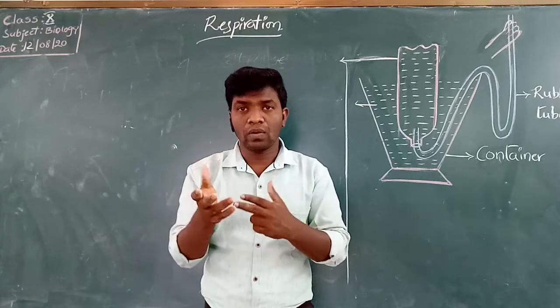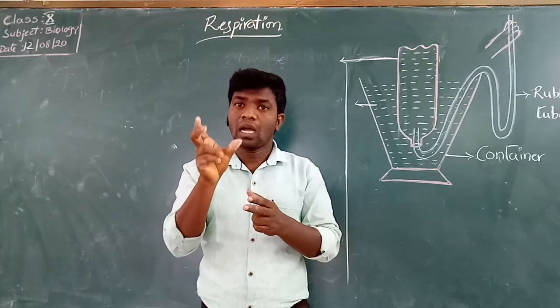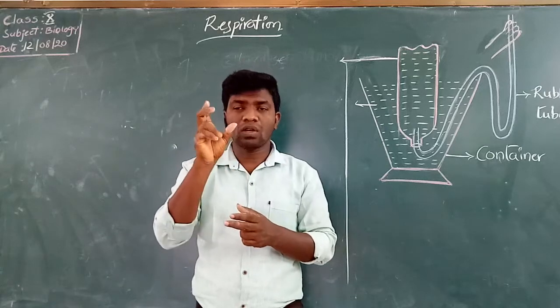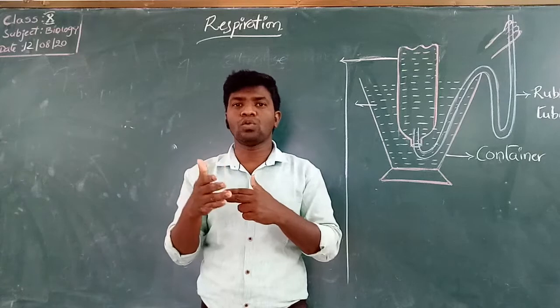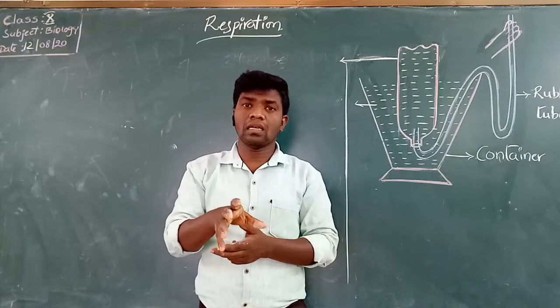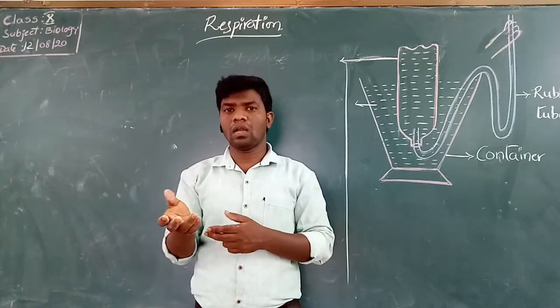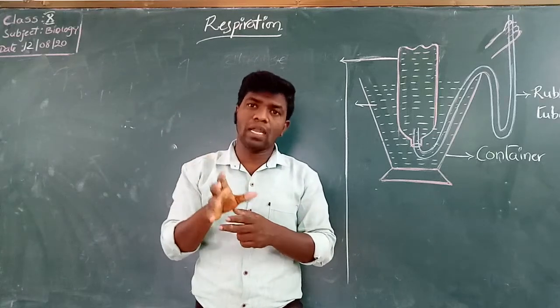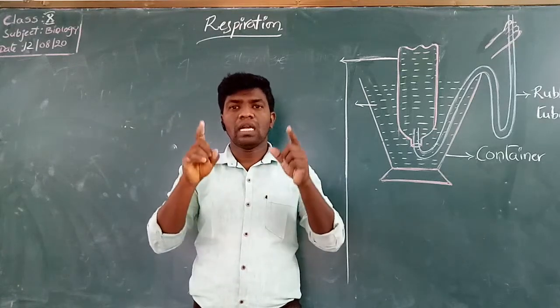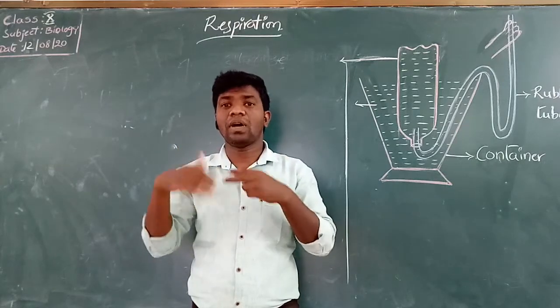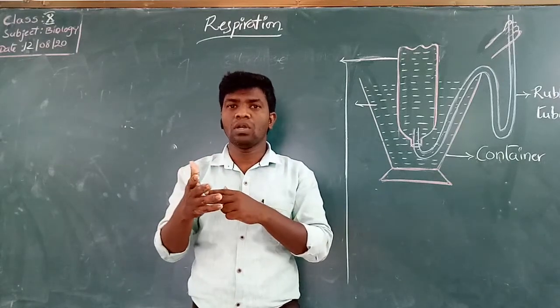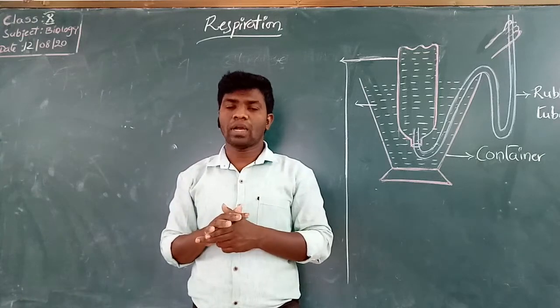If the oxygen is unavailable, the pyruvic acid is converted to either lactic acid or alcohol. If the oxygen is available, the pyruvic acid is further oxidized into carbon dioxide and water. Are you understanding?